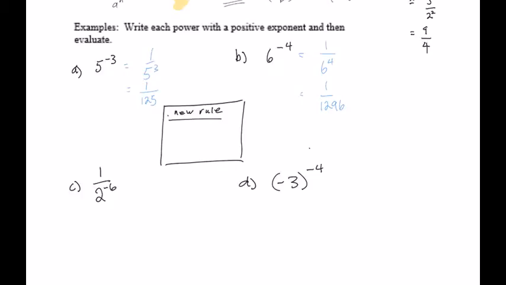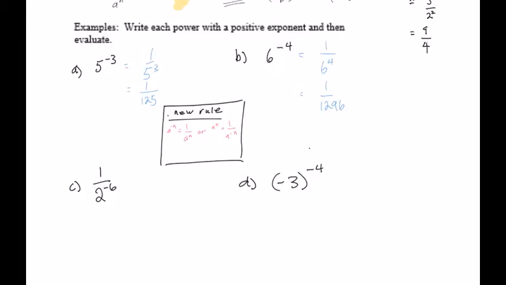Now, I'm going to expose you to a new rule that we can add in conjunction with what we learned before. Before, I told you a to the negative n is equal to 1 over a to the n. We can also say a to the n is equal to 1 over a to the negative n. So notice I have 1 over 2 raised to the negative 6.